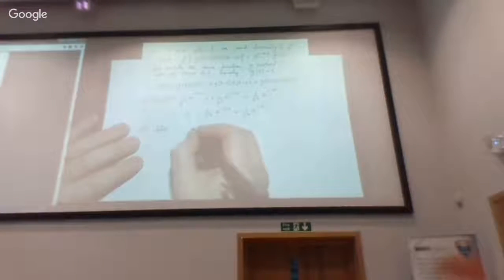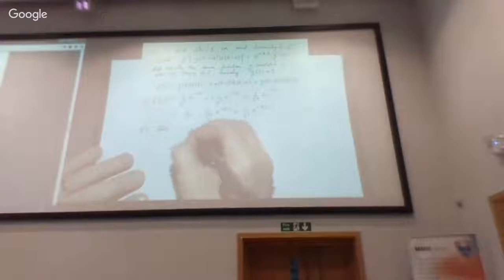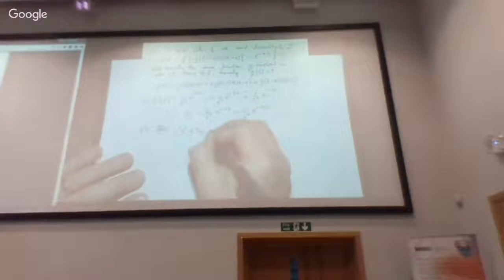So in C, we want to solve y double dash plus 9y equals 27 f of t.